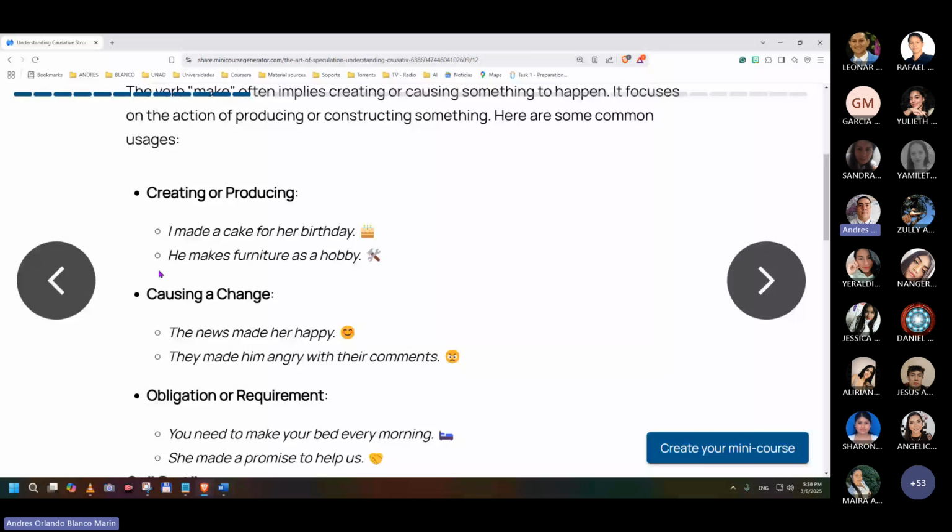So he makes furniture as a hobby. Is that a causative verb? I made a cake for her birthday. Is that a causative verb? No, it's not. It's the regular meaning, made to create. Causative verb is when you make someone do something for you.